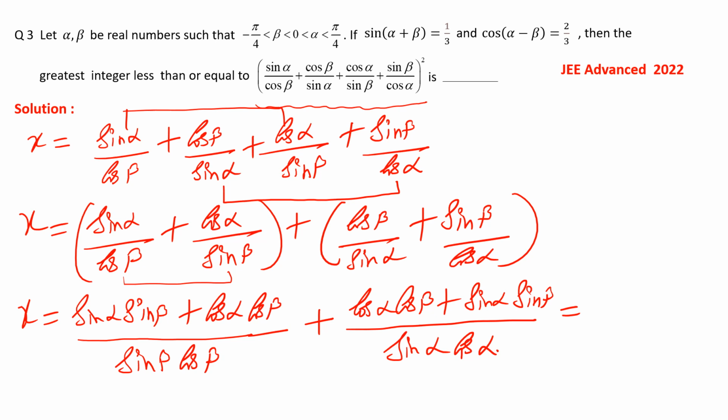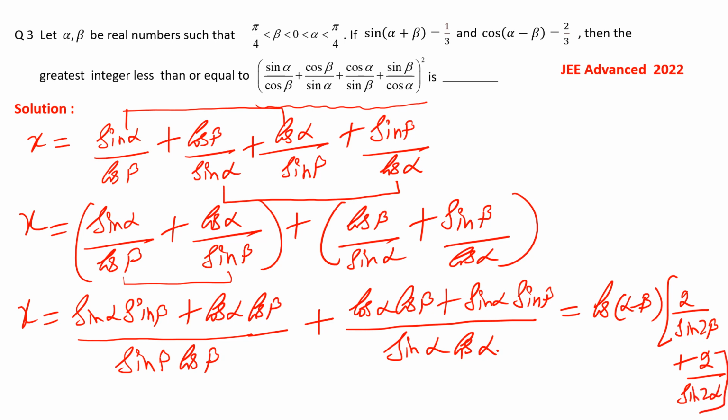So when we simplify it, we can take out cos alpha minus beta common, right? And here, if I multiply and divide by 2, I will be getting 2 upon 2 sine beta cos beta, which is nothing but sine 2 beta. And the second term I can write as 2 upon sine 2 alpha.